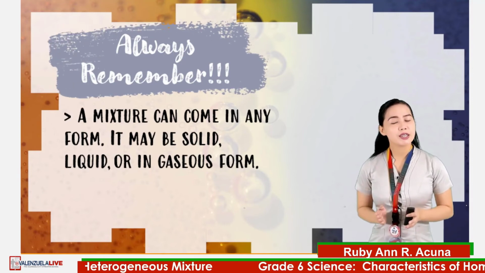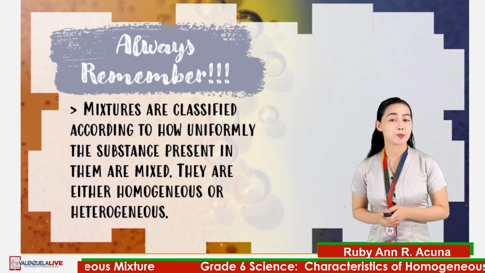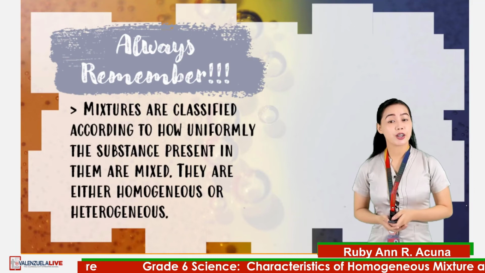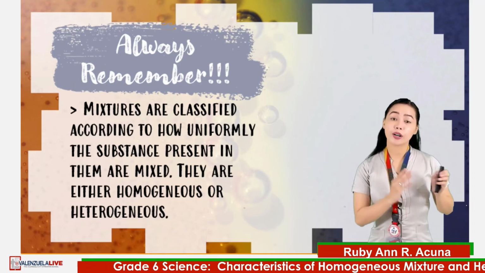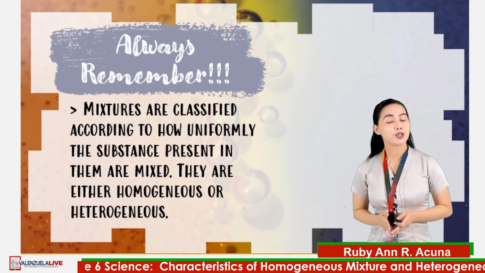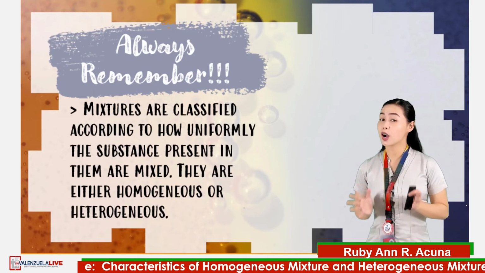Mixtures are classified according to how uniformly the substances present in them are mixed. They are either homogeneous or heterogeneous mixtures. A homogeneous mixture is a mixture that has uniform composition throughout.